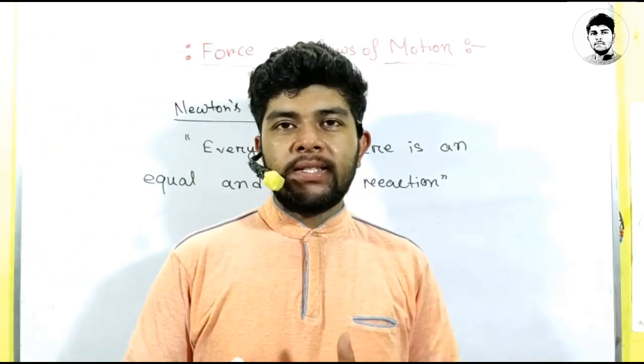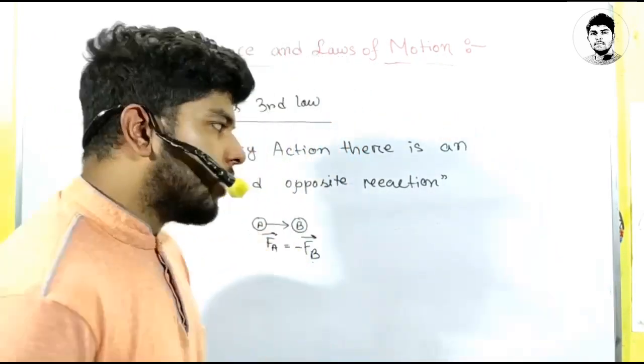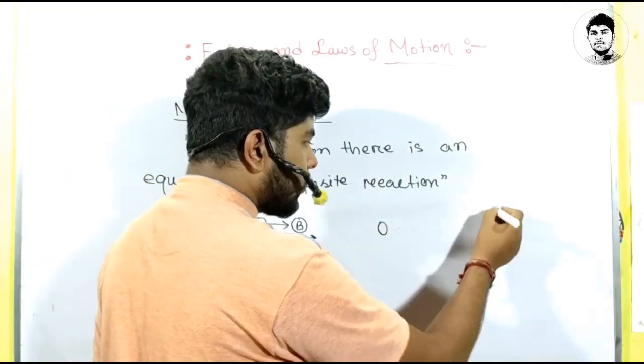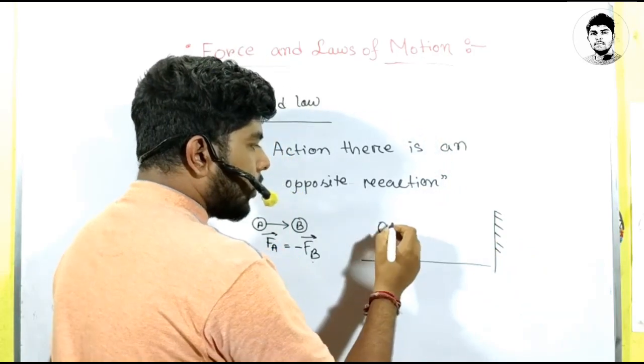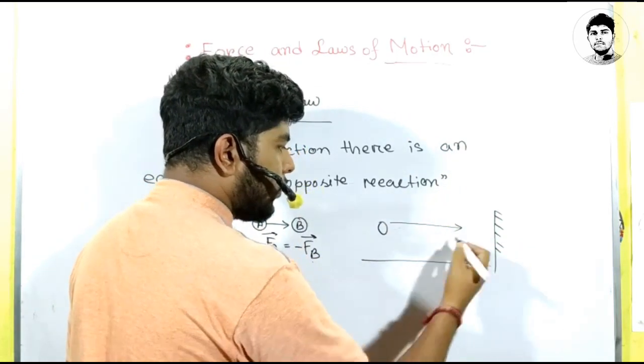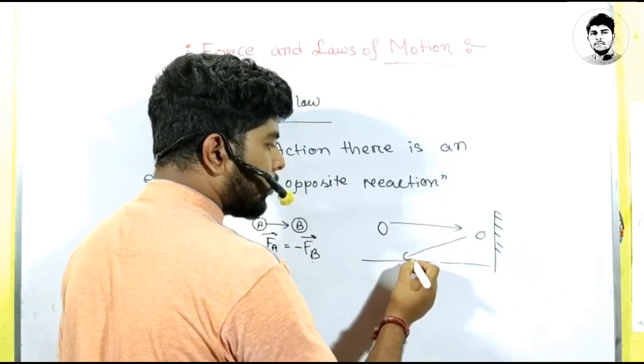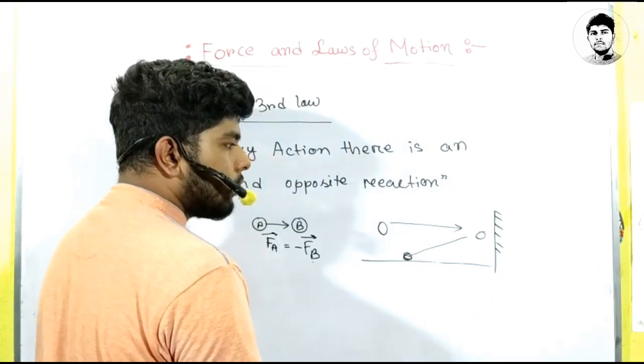Okay, let's see an example by which you can understand better. Suppose you throw a cricket ball towards a wall. If you throw very hard, the ball will return back with a very high velocity, right?